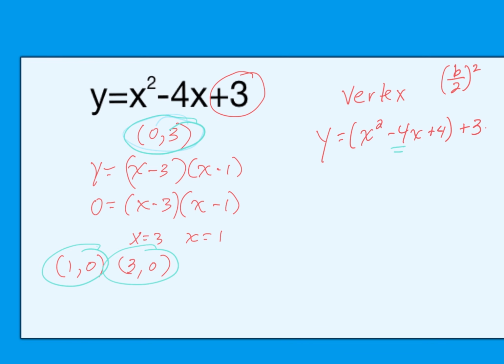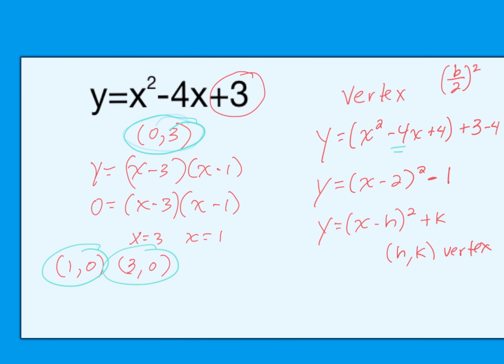And then we're going to subtract 4. We're going to have y equal to (x minus 2) squared minus 1. Great. Now, we have another point. Remember, there's a negative in the equation of the vertex. (x minus h) squared plus k, where (h, k) is the vertex. So in this case, you're going to have a 2 and a negative 1. (2, -1) is, again, the vertex.